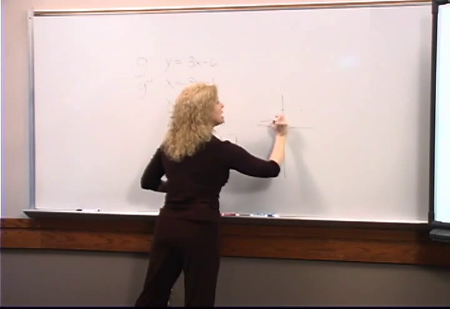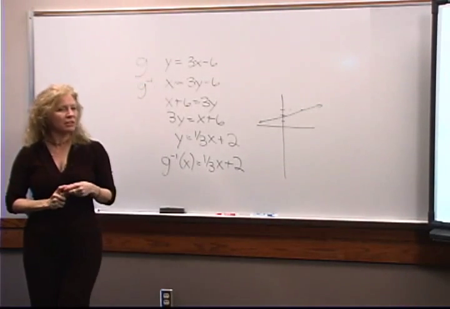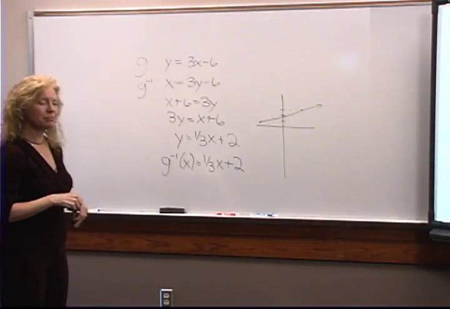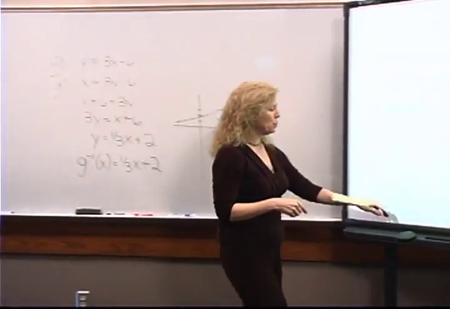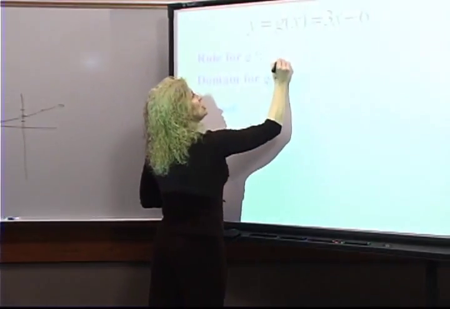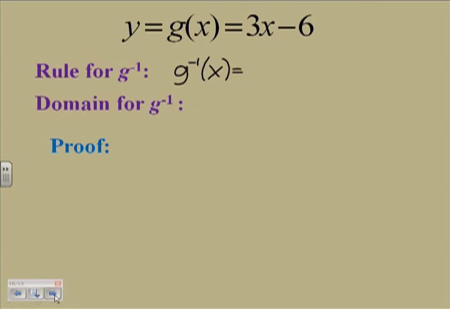I think that if you take a good look at that, you're going to find that is just the graph that we drew. Okay? So my rule for the inverse would be g inverse of x equals 1/3 x plus 2.